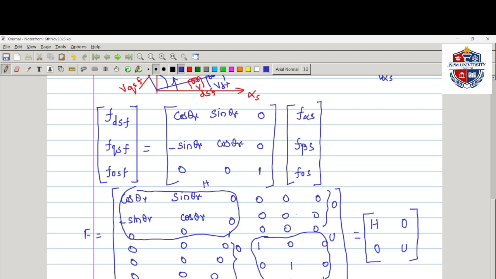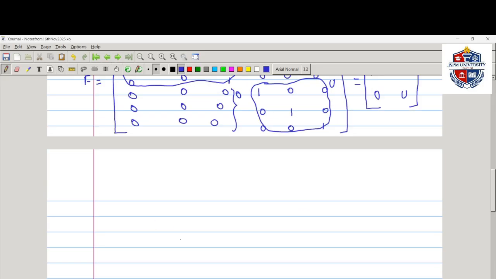As we have seen in the last stator attached reference frame, sometimes we need to take the conversion matrix inverse also, right? So in this inverse, we can have this F inverse. F matrix I have already written: H, 0, 0, unit matrix.